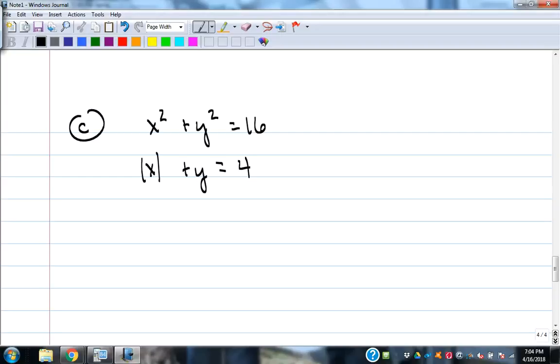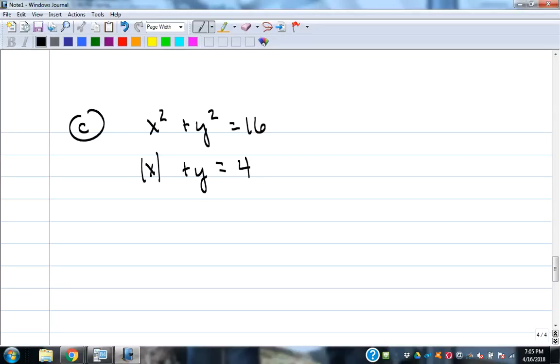Now, we could do this algebraically. It'd be pretty ugly, though, because we don't have anything that's going to cancel out and eliminate, right? Because we don't have a positive y and a negative y, or even a positive or a negative x. And we've got that x locked up in absolute value there. It really can cause some problems, which may not be really good for us.